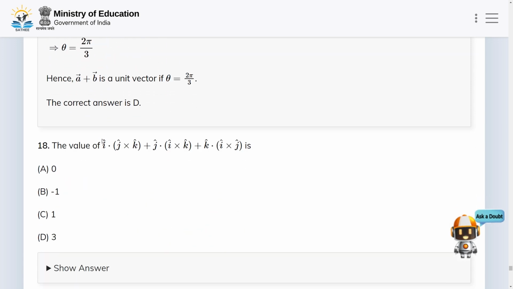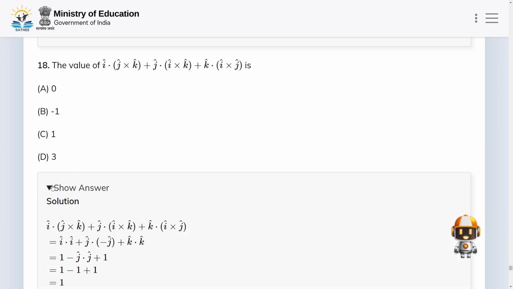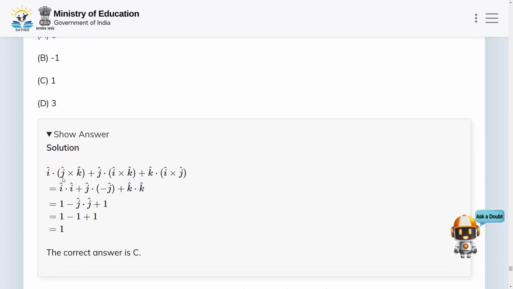Now 18th problem. You have to find the value of this. Quite simple. As you already saw, J cross K must be I hat, I cross K will be minus J hat, and I cross J will be K hat.